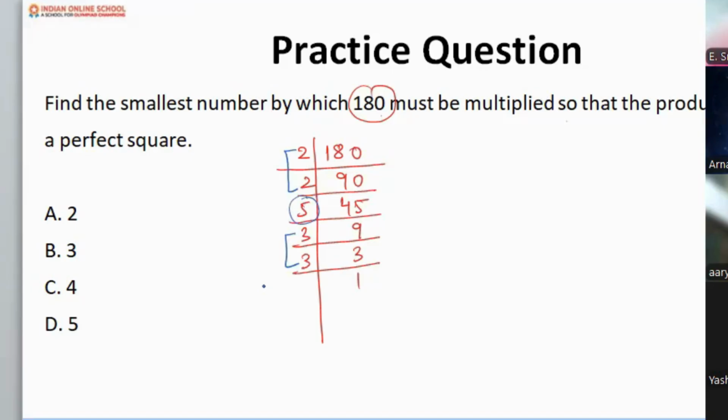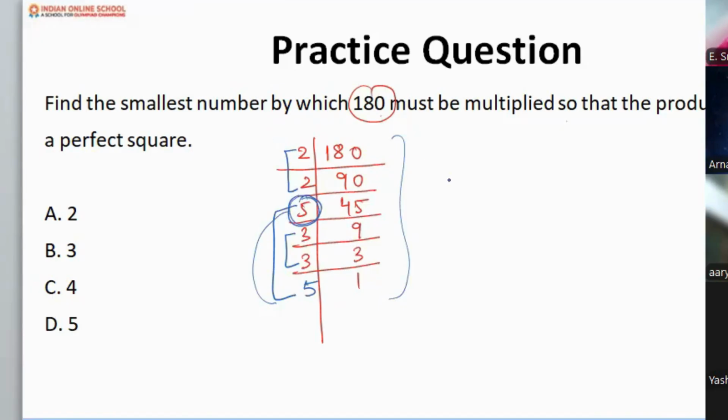That is why 180 is not a perfect square number, because every number is not in a pair. Now this 5 is all alone. If we multiply this entire thing with another 5, this 5 will also have its pair. And it becomes a perfect square number.